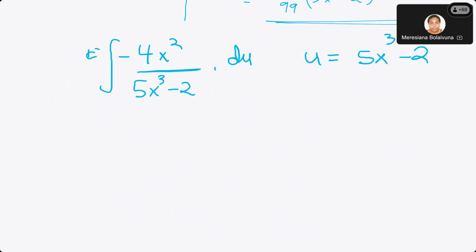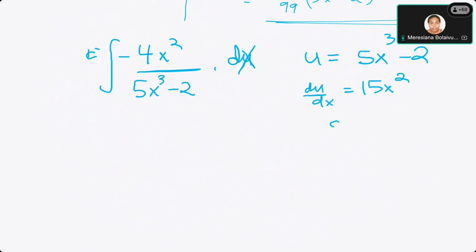The next part, integrating negative 4x squared upon 5x cubed minus 2 dx. So first you select u is equal to the denominator, which is 5x cubed minus 2. Du dx is equal to 15x squared.